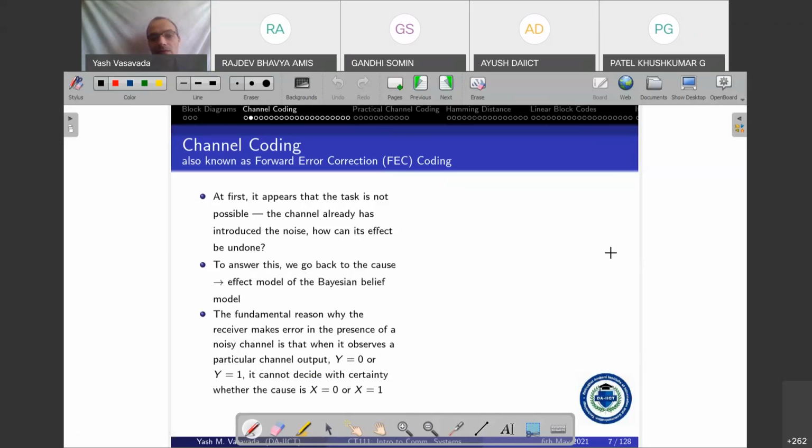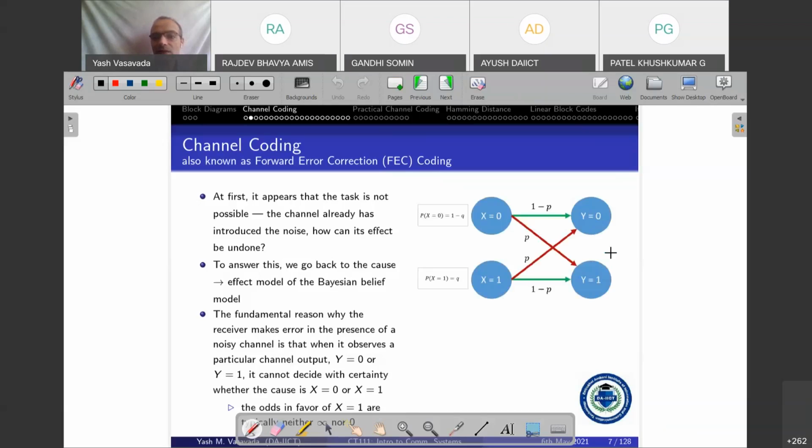There we have seen that the reason why the receiver makes error is because, let's say it's a binary channel, when it observes y equal to 0 at the channel output, it cannot decide with certainty whether the cause is x equal to 0 or x equal to 1. Right? So if I get y equal to 0, it could be that the sender sent bit 0, or because of this red arrow, it could also be that the sender sent x equal to 1.